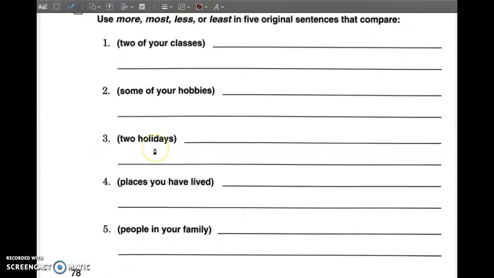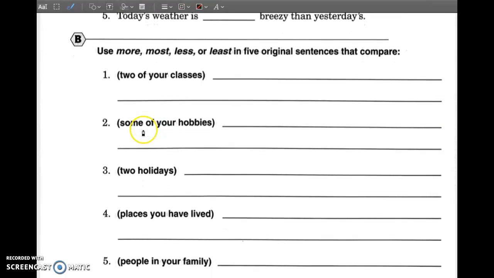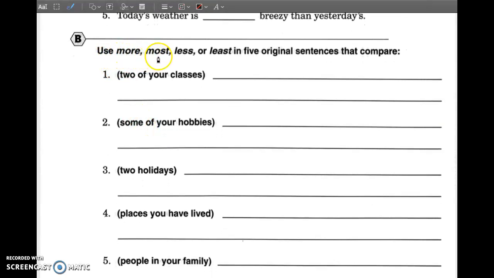And in part B, you have 5 more. It says use more, most, less, or least in 5 original sentences that compare. So think about it this way. More is another adjective that we use to describe when we're talking about 2 things. Most is just like least, and we use that when we're describing more than 3 things.